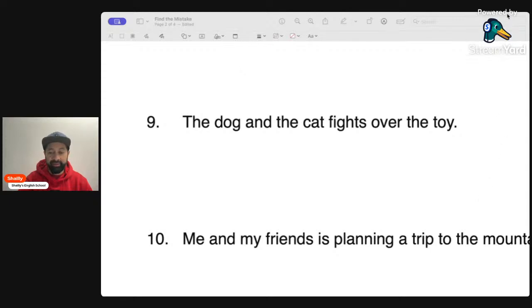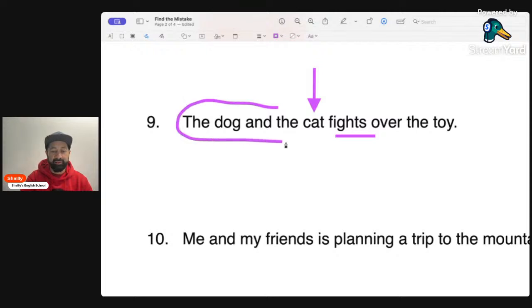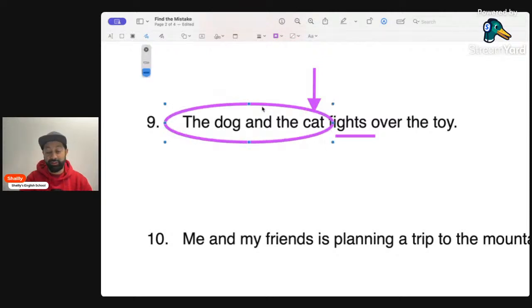Now, I said earlier in one of the sentences that if you have two subjects, always use the subject that's closest to the verb, right? But in this situation, the entire subject is the dog and cat.